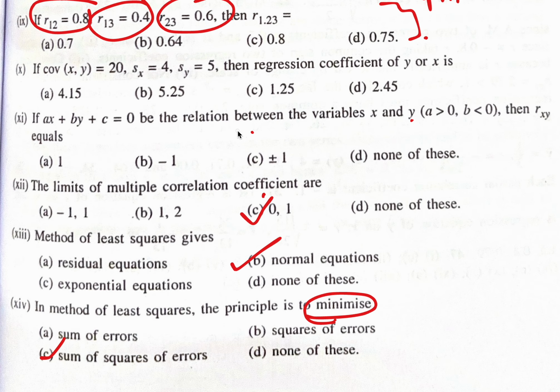Again, if a is greater than 0 and b is less than 0, it's basically saying ax minus by plus c is equal to 0. Still, can I say anything about it?